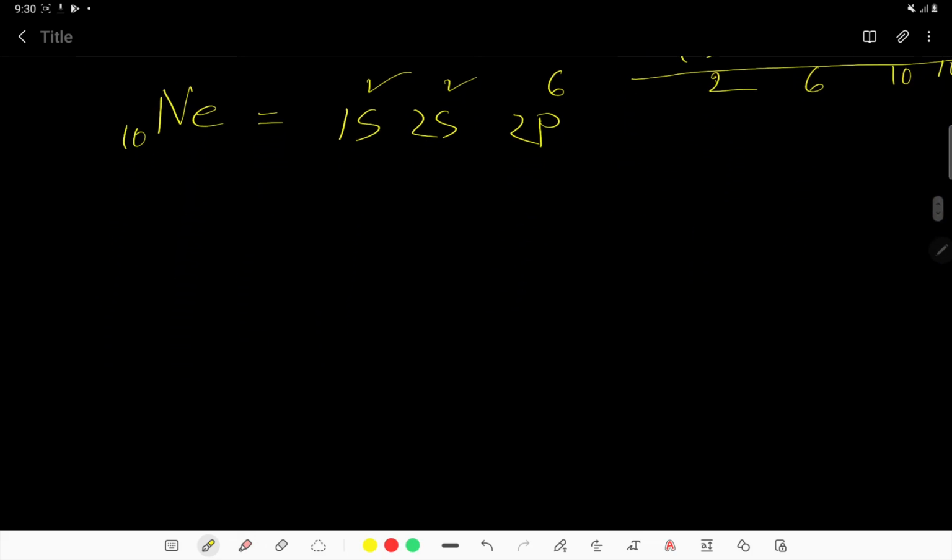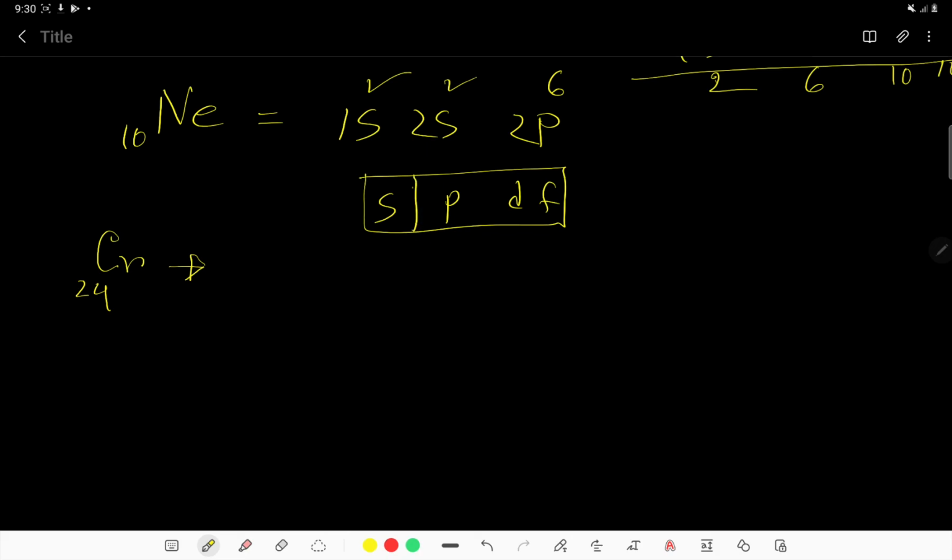Let us take a more critical case. Chromium, 24. So how to write the electron configuration of chromium? You can write like this: SPDF.